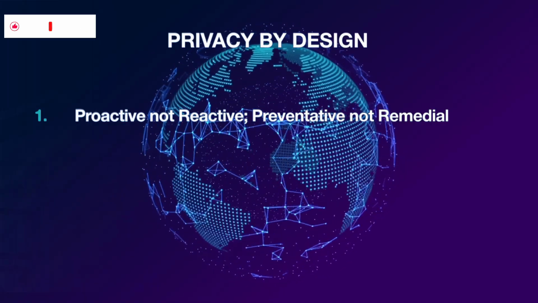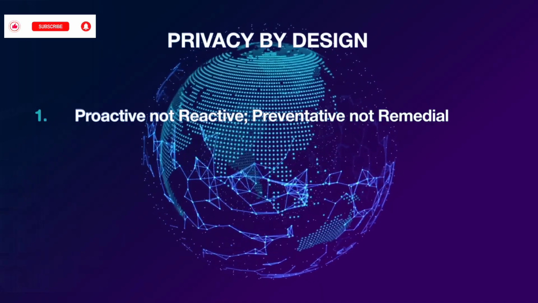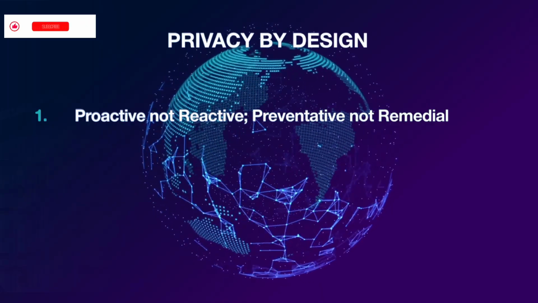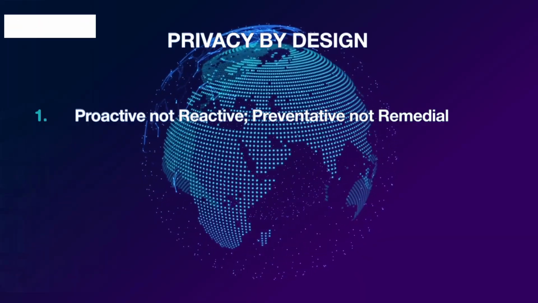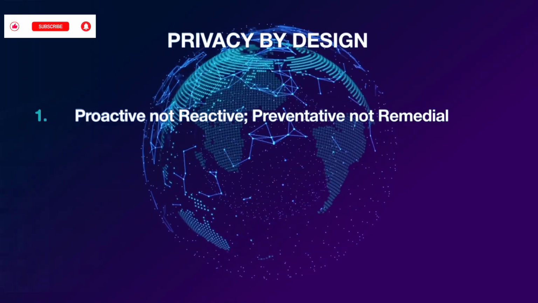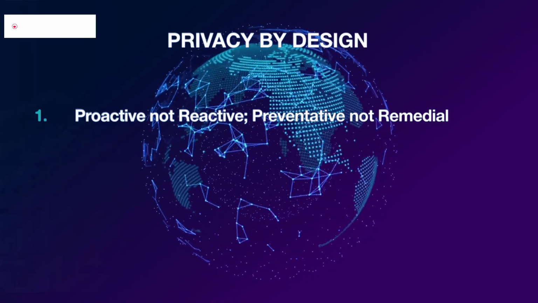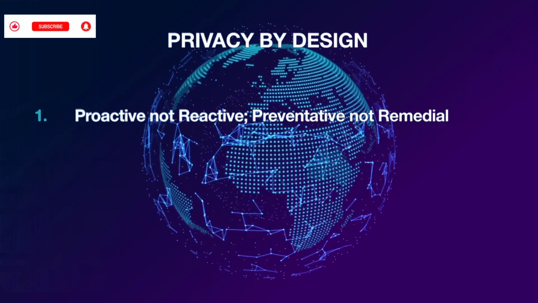So we want to be proactive and not reactive. We want to think things through but not react to them after they have happened. And we want to look for things that are preventive versus remedial, meaning we are trying to prevent versus fix it after the fact. That's the first principle.